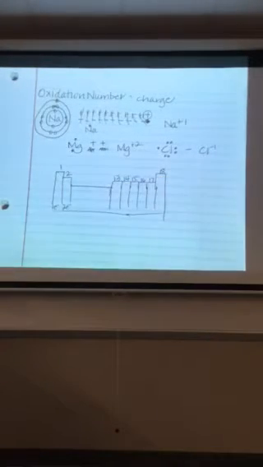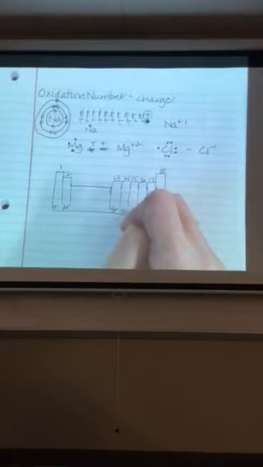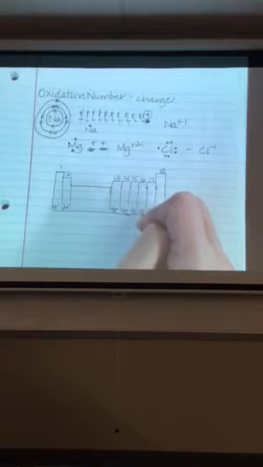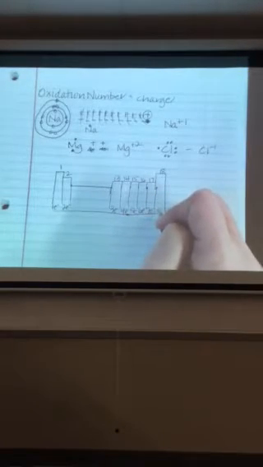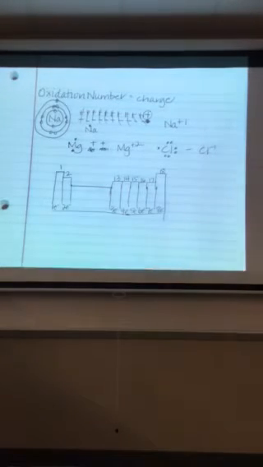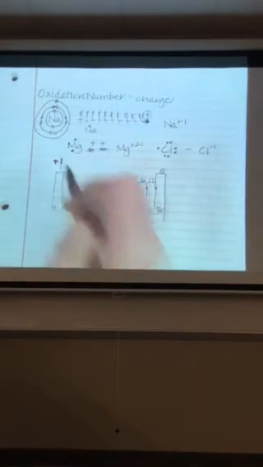Column 13 has how many valence electrons? 3. 14 has 4. 15, 5. 16, 6. 17, 7. And 18 has 8, except for helium. Column 1 has 1 valence electron, so is it going to gain 7 or lose 1? Lose 1, which gives everything in column 1 a charge of +1.